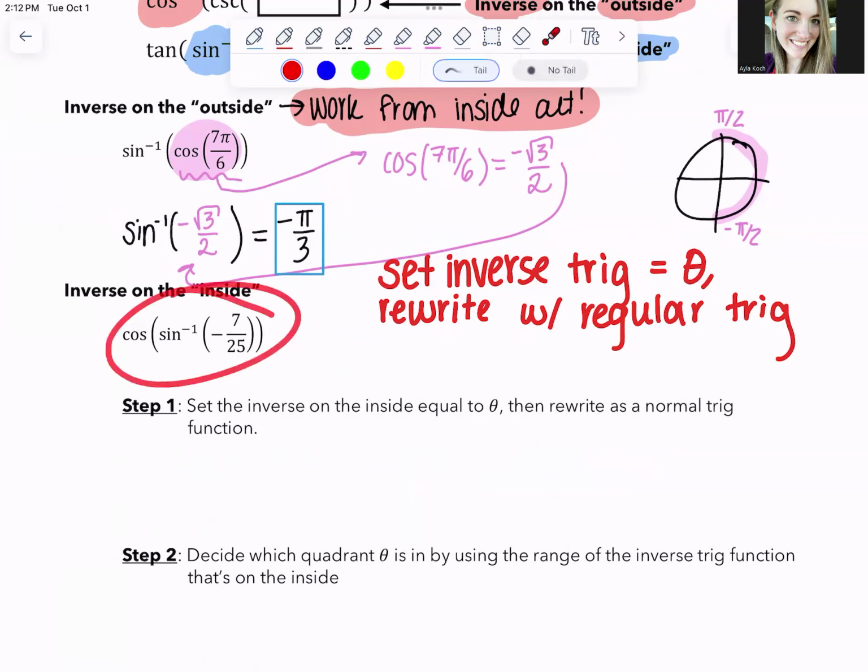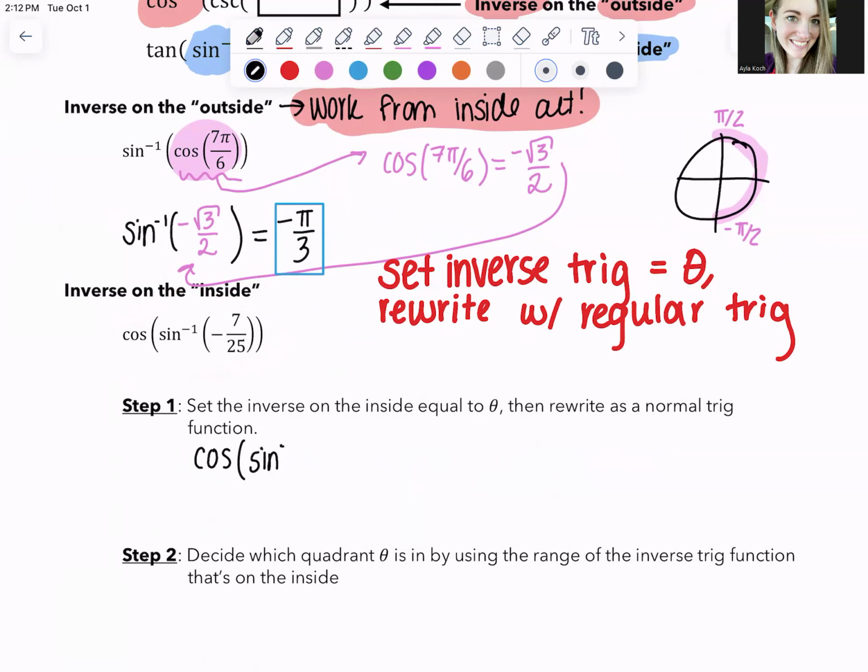So, cosine of sine inverse of negative 7 over 25. I'm just going to write this sine inverse of negative 7 over 25. This piece right in here, we set this whole thing equal to theta.